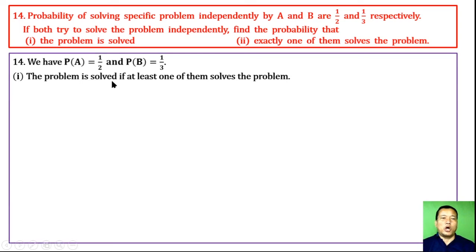The problem is solved if at least one of them solves the problem.